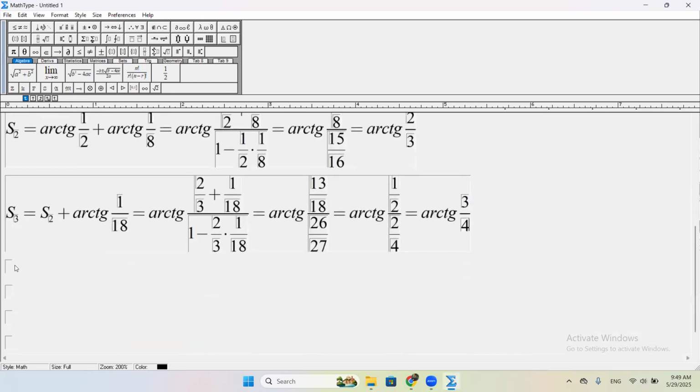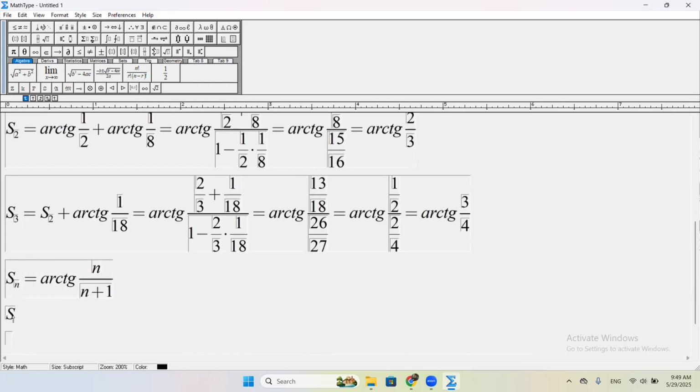Yes. So let's suppose that Sn will be equal to n over n plus 1. But we need arctangents of this expression, of course. But we need to prove it.